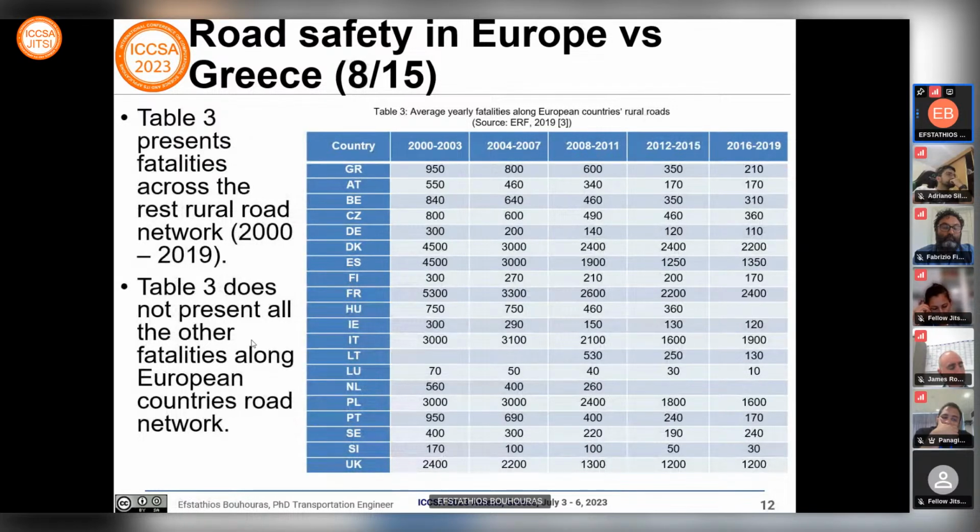Table 3 shows the average yearly fatalities along European countries for rural roads, and again Greece is on the first row, not because it has the highest numbers, just because of how we produced this table. This table does not present all of the other countries' road networks, and we tried to use those countries for which we had as many statistics and values as we could.